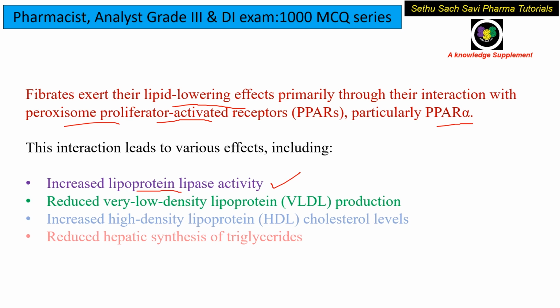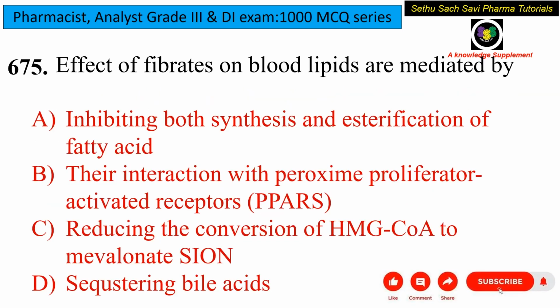VLDL production is reduced, HDL production is increased, and the hepatic synthesis of triglycerides is reduced. So what will be the answer for this question? Fibrates interact with the PPARs, especially the alpha. So option B will be the answer for this question.